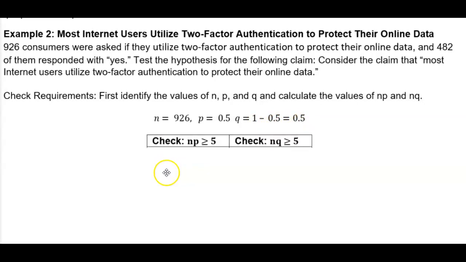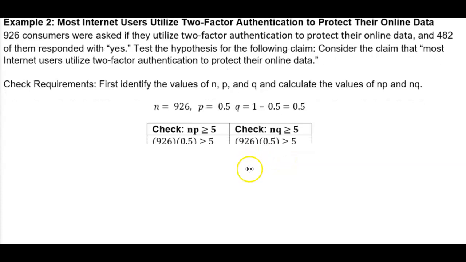So we want to check to make sure that N times P is greater than or equal to 5, and N times Q is greater than or equal to 5. Well, if we take 926 and multiply it by 0.5, which is the same for N times Q, we get the value of 463.